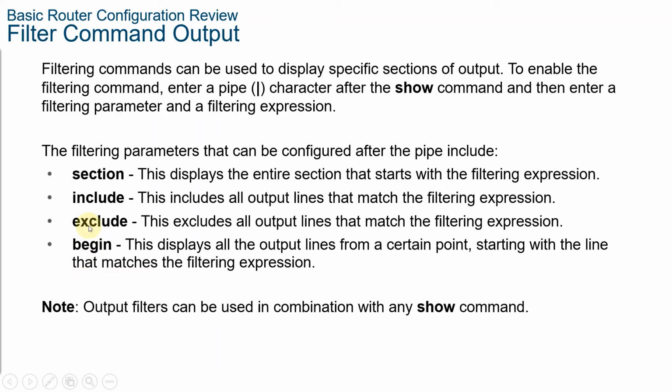Exclude excludes all output lines that match the filtering expression, so this is the opposite of include. And you also have begin, which displays all the output lines from a certain point, starting with the line that matches the filtering expression. Take note that output filters can be used in combination with show commands.